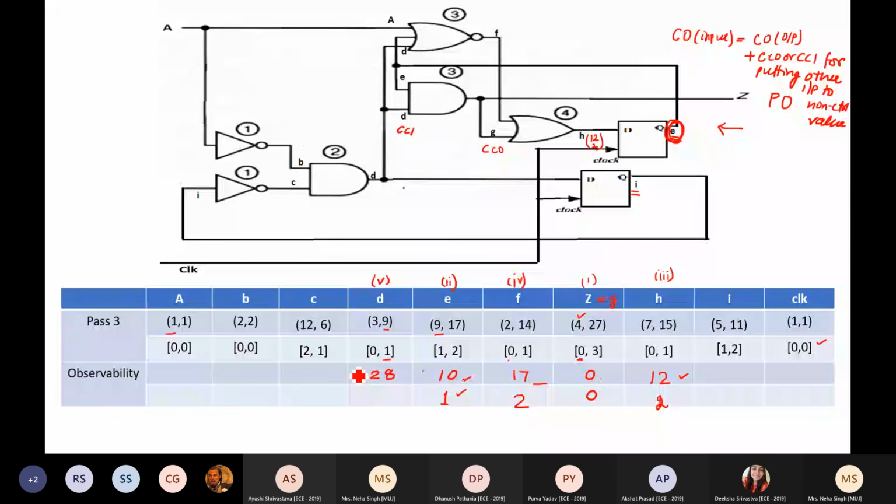Now what is left? Observability for B and C, if I have the observability for D. So I have it for B now. Seventh variable. This is an AND gate, so the non-controlling value is 1. So CC1 of C, which is 6, plus observability of D, which is 28. So 28 plus 6, 34, and plus 1 gives me 35.